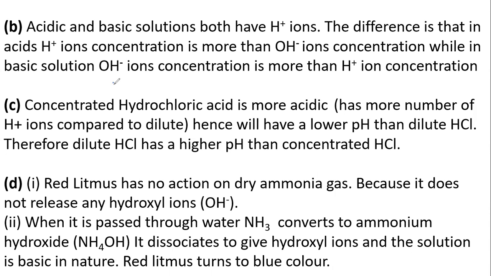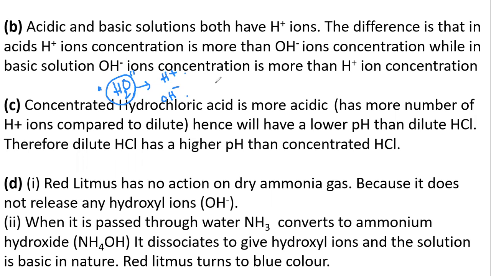Of course, each and every substance which is called an acid will dissolve in water to produce H plus ions, and a substance which is called a base will produce OH minus ions when dissolved in water. Both will produce H plus and OH minus ions only in the presence of water. If there is no water, there is no production of H plus and OH minus ions, because only in aqueous solution do they produce them.